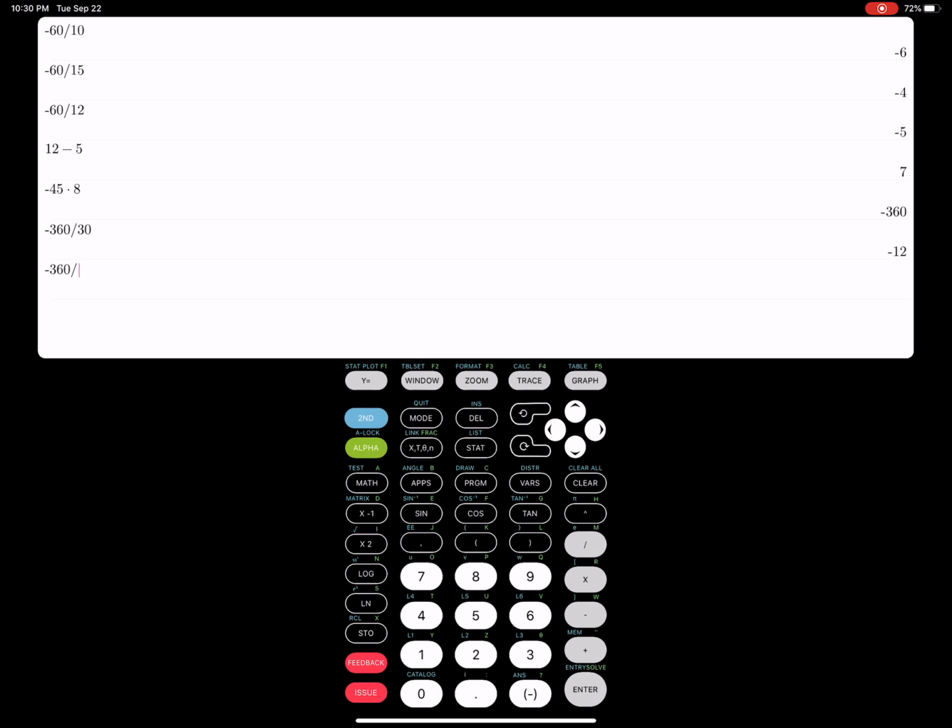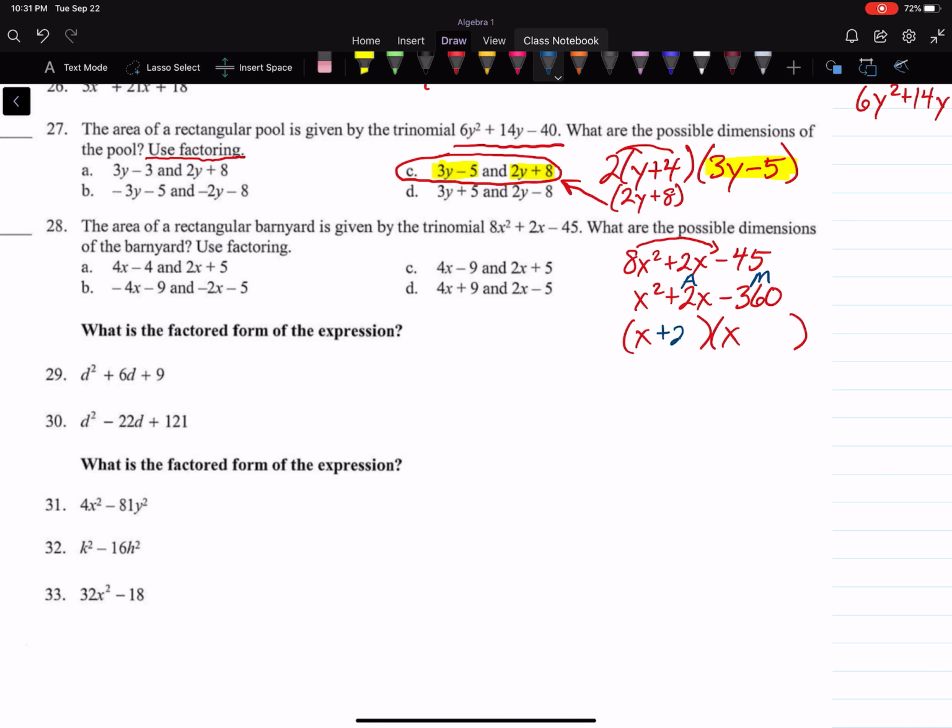Negative 360 divided by 40. 40 minus 9 is not 2. So I guess I'm going the wrong way. Let's try the other way. Negative 360 divided by 20. There it is, because 20 plus negative 18 is 2. So plus 20, negative 18.